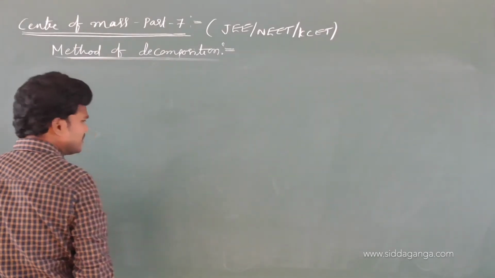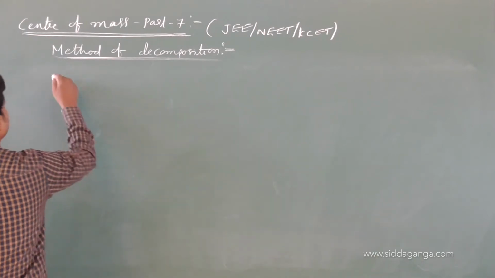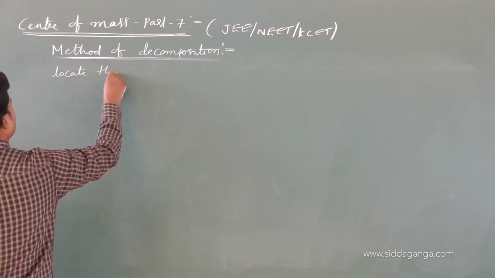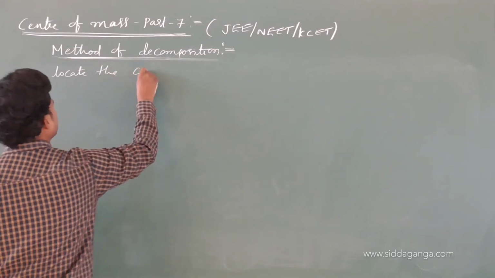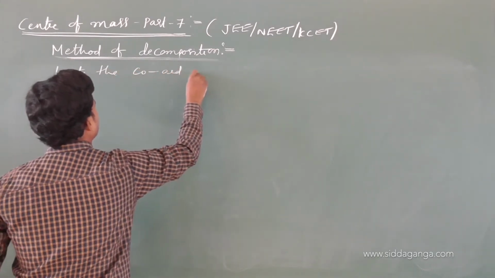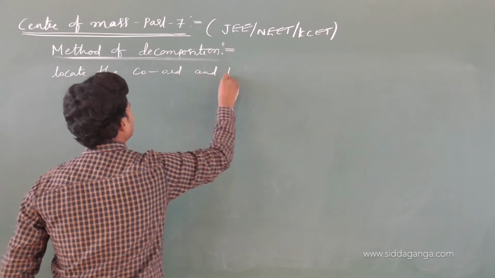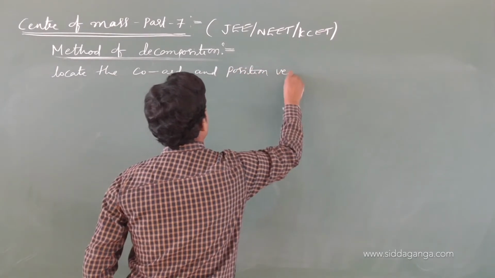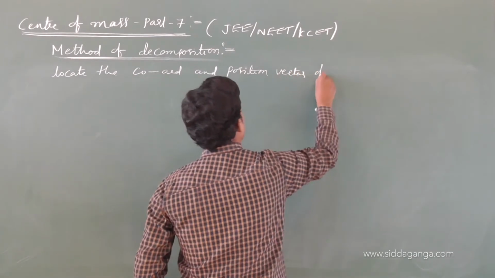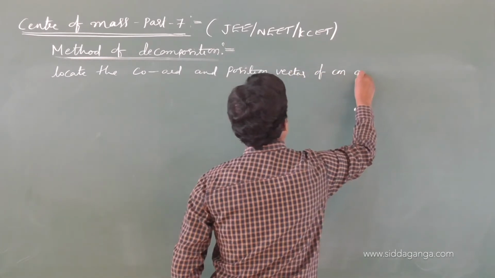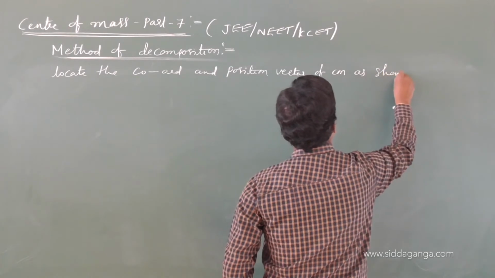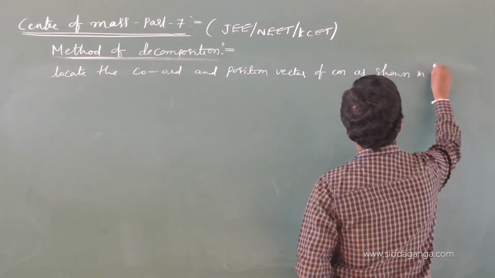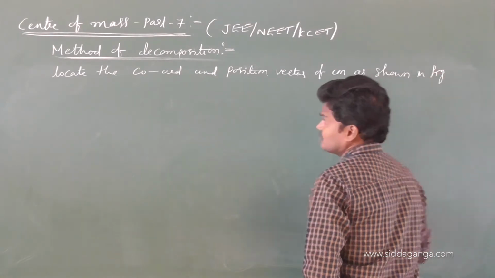Or you can find the coordinates, anything. So locate the coordinates and also the position vector of center of mass as shown in the figure. So I am going to give the diagram.